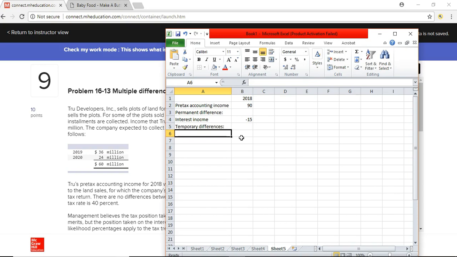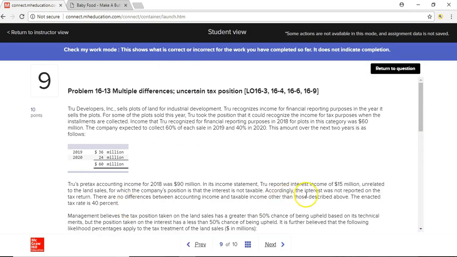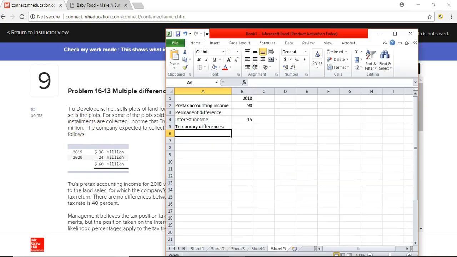Here we only have one temporary difference because it says there are no differences between accounting income and taxable income other than those described above. Described above includes interest income and installment sales. So $60 million of installment sales is not cash yet. They didn't collect cash.